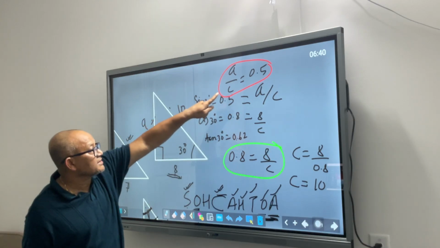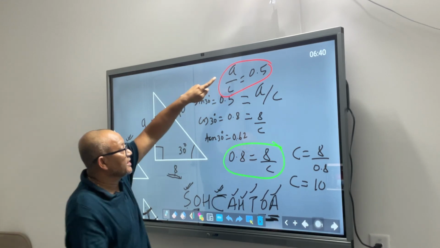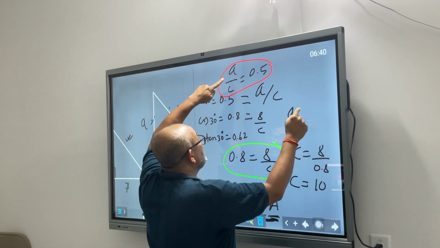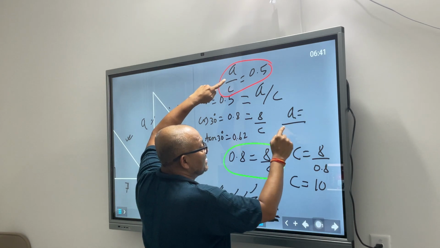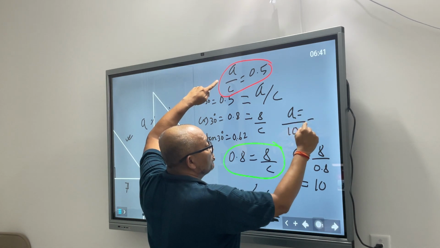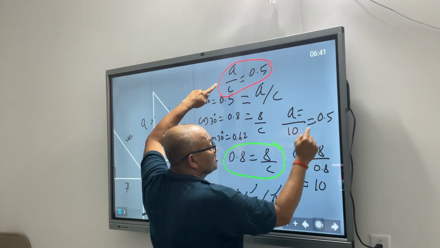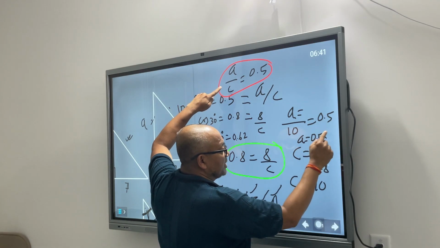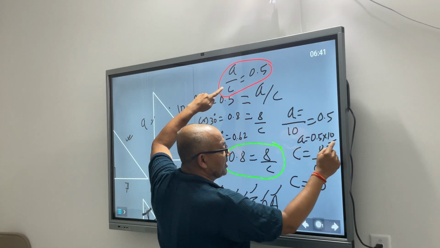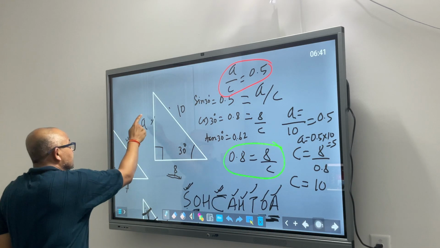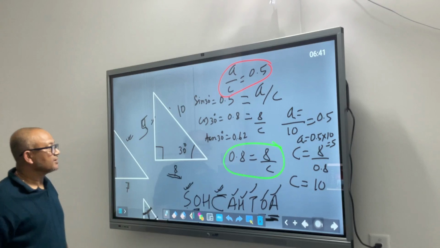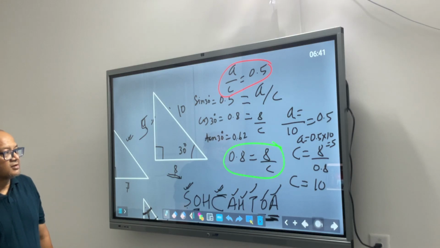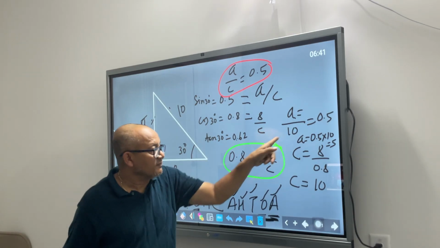So wherever I had C, I can replace that by 10. So here A by C, that is A over 10, is equal to 0.5. So A will be equal to 0.5 into 10, which is 5. So this A is nothing but 5. 10 times 0.5 is 5.